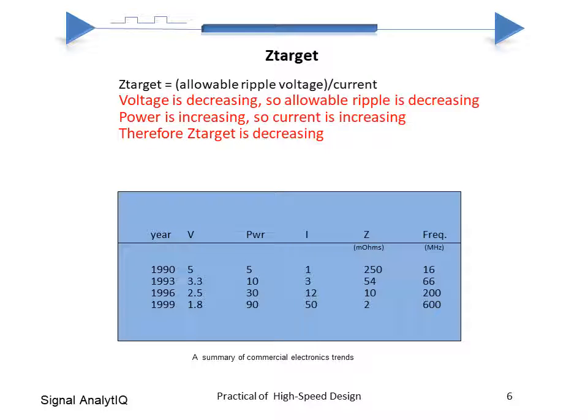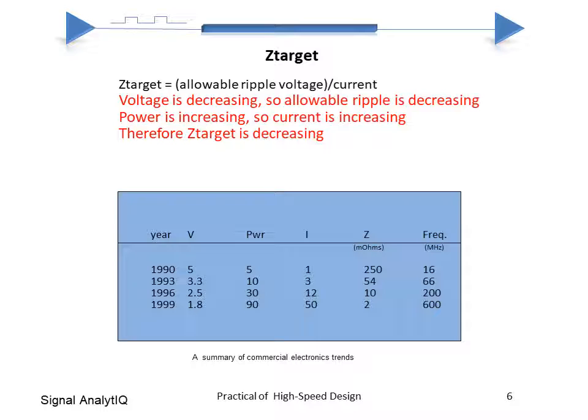As the voltage is decreasing, the allowable ripple is also decreasing as per the impedance target we intend to meet. Also the power is increasing because of the more transistors used in the ICs, and so the current is also increasing. To be noted, the impedance target is also decreasing here.